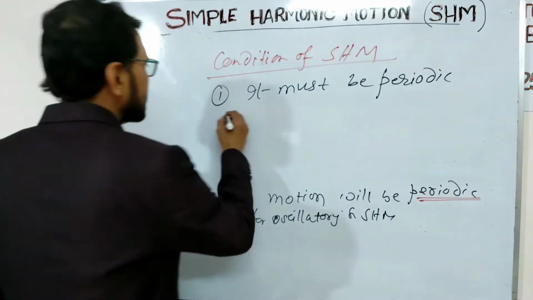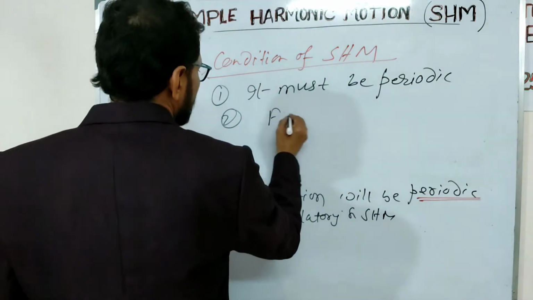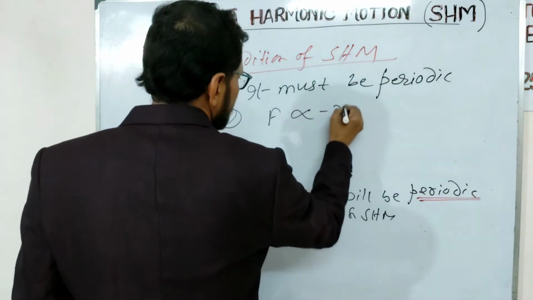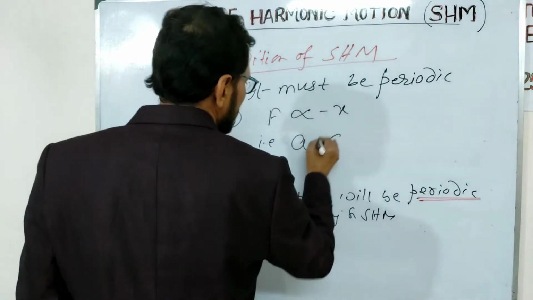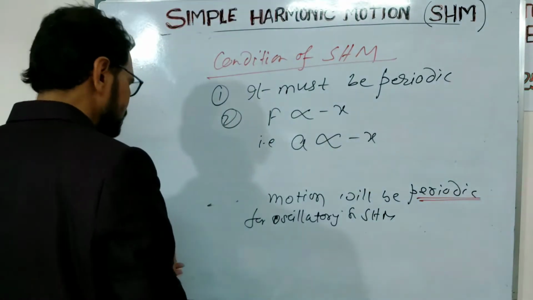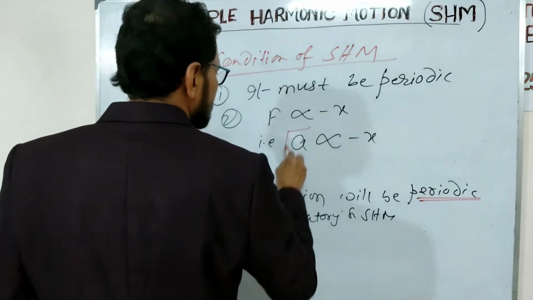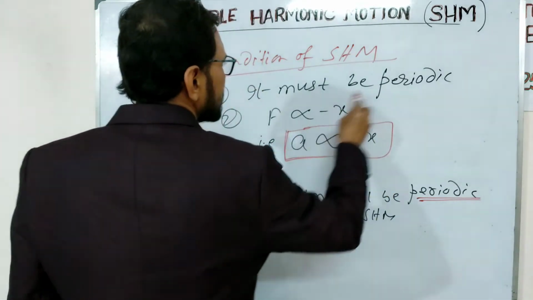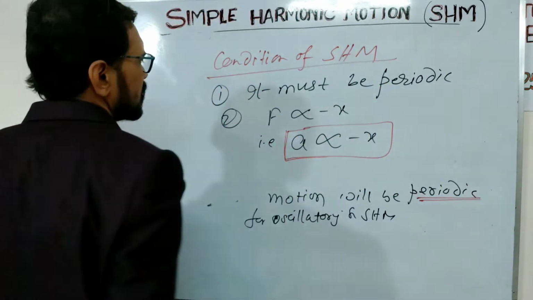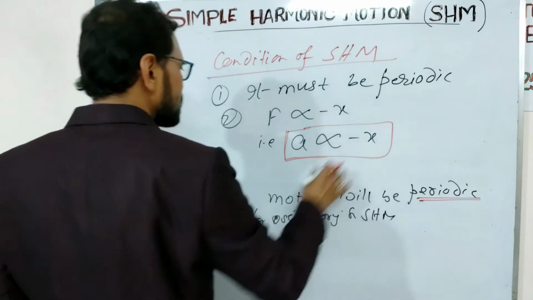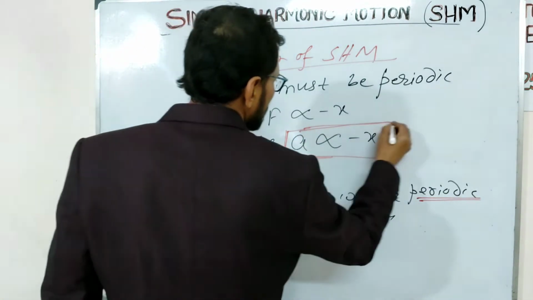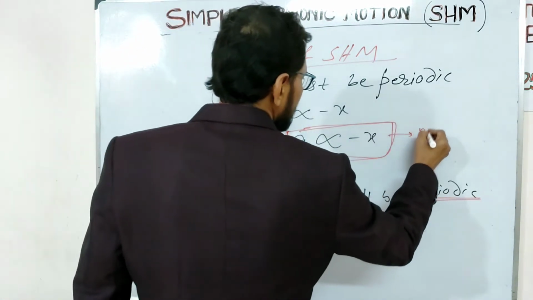Okay. And the second condition is f is proportional to minus x. That is, acceleration is proportional to minus x. This is the main condition. The special condition of SHM is that it must be periodic, but also a is proportional to minus x.